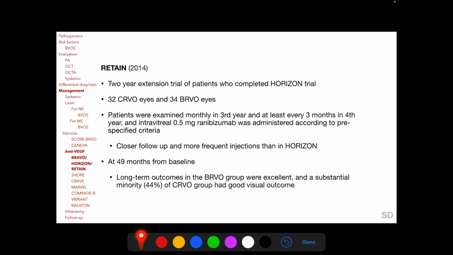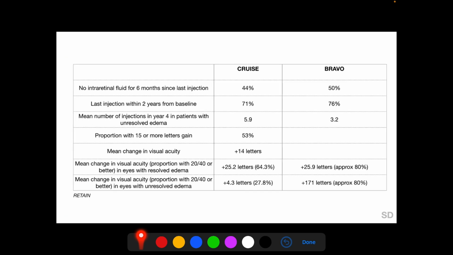So in the RETAIN study, closer follow-up and more frequent injections could be administered as compared to the previous HORIZON study. At 49 months from baseline, the RETAIN study concluded that long-term outcomes in the BRVO group were excellent, and a substantial proportion of patients in the CRVO group had good visual outcome. And these were the data in the RETAIN study.